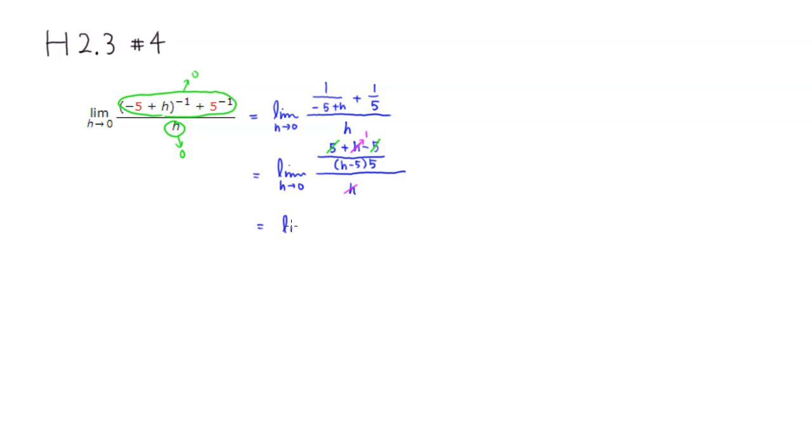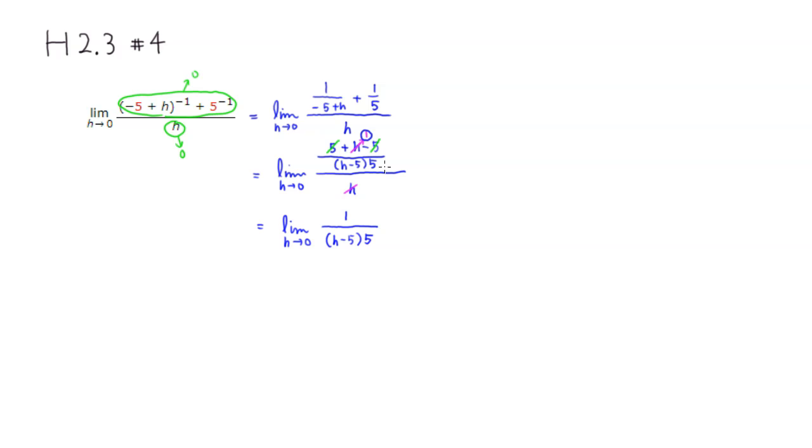So you have a limit as h approaches 0. The numerator is going to be 1, there's only the 1 here. And the denominator would be h minus 5 times 5.